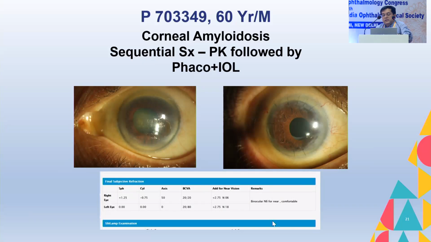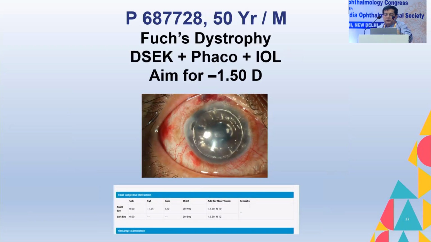About 6 to 7 months later, when the keratometry readings had stabilized, I did the cataract surgery based on the stabilized K, and here you can see the refractive outcome is plus 1.25 sphere and minus 0.75 cylinder, approximately plus 0.5 spherical equivalent. A much better refractive outcome compared to a triple procedure.